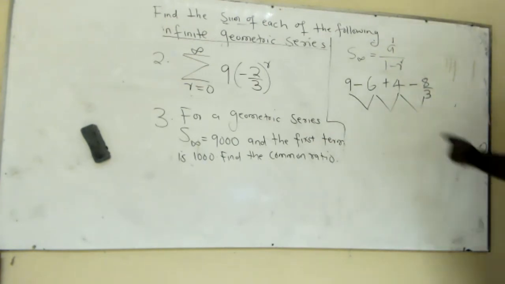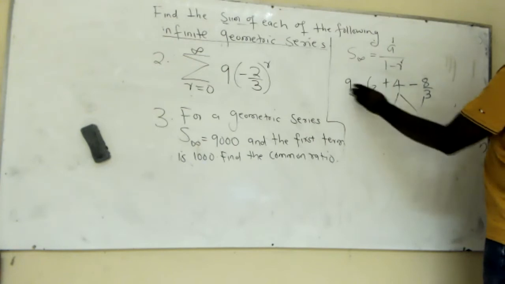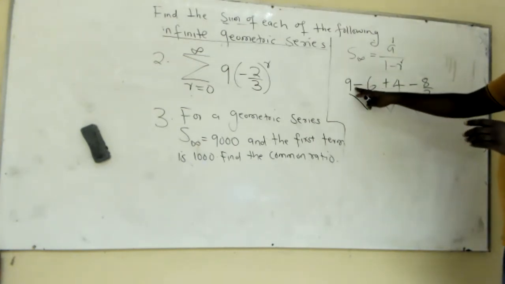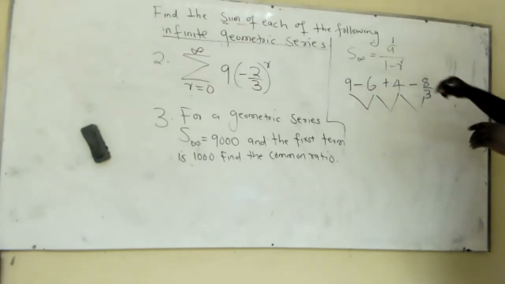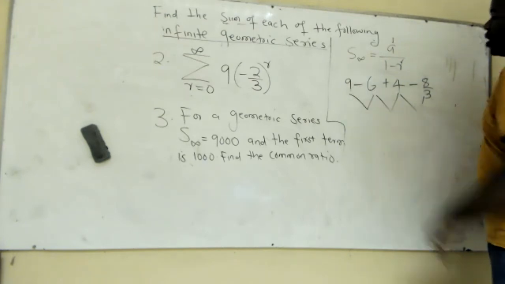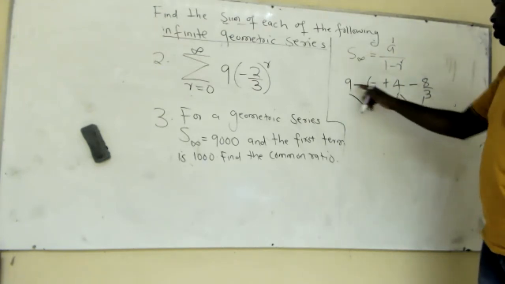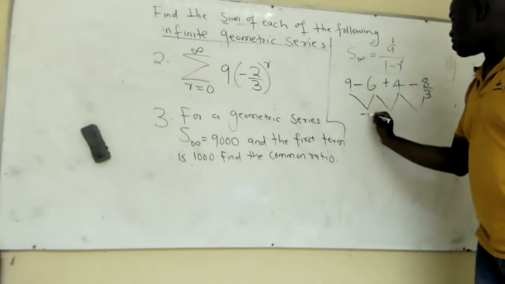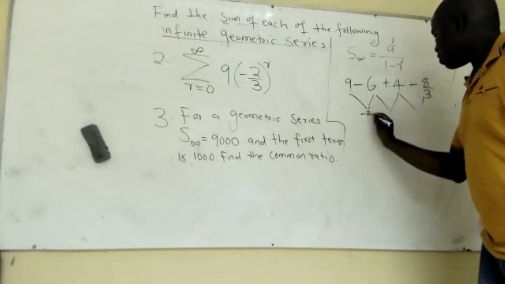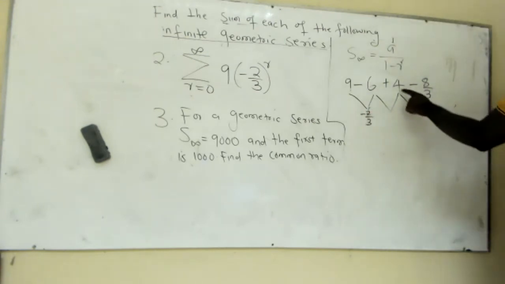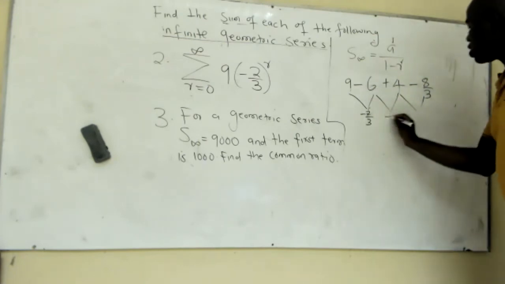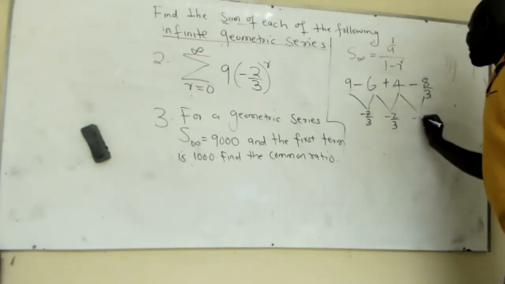The common ratio we obtain by saying term 2 divided by term 1. Don't make the mistake of leaving out the negative sign. The negative must be there at all times. So here it is going to be negative 6 divided by 9, which is going to give us the answer of -2/3. Yes, exactly. And then again, it's the same as saying 4 divided by -6, which must give you the same answer.